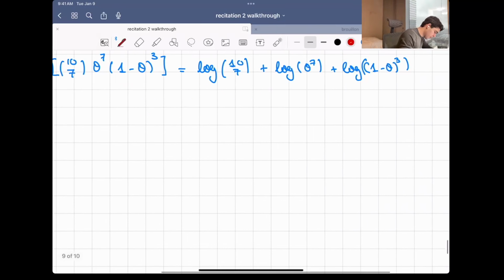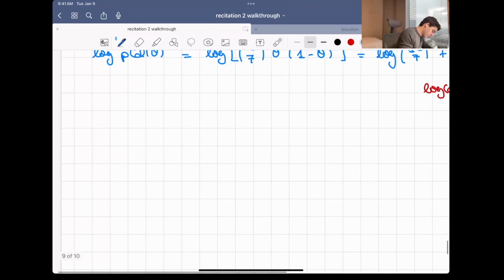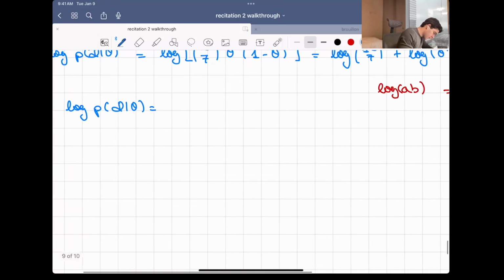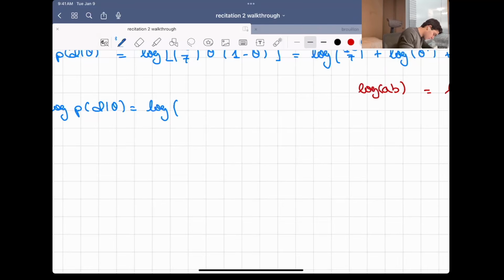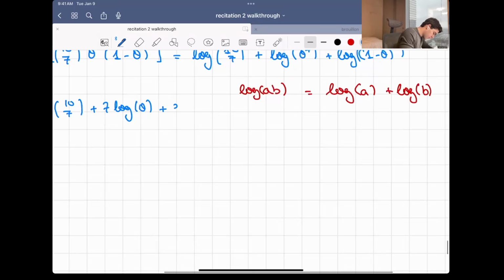Because we use the rule log AB is equal to log A plus log B. We can further simplify: this is equal to log 10 choose 7 plus 7 log theta plus 3 log 1 minus theta.